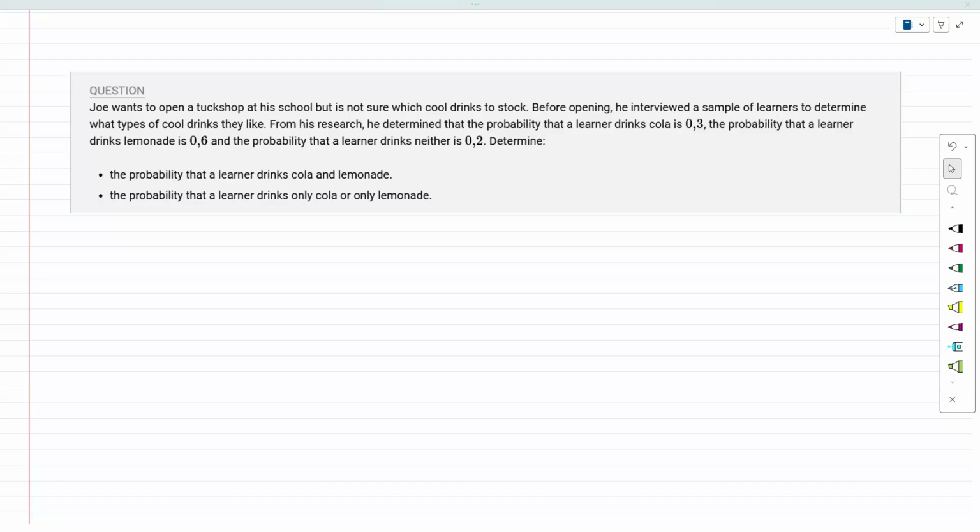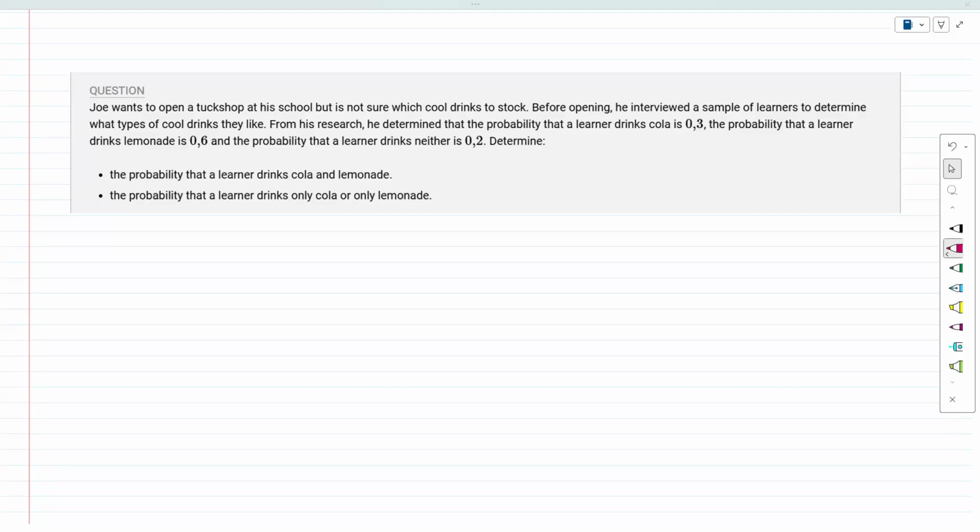Okay. Joe wants to open a tuck shop at his school, but he's not sure which cool drinks to stock. Before opening, he interviewed a sample of learners to determine what type of cool drinks they like. From his research, he determined the probability that a learner drinks cola is 0.3.